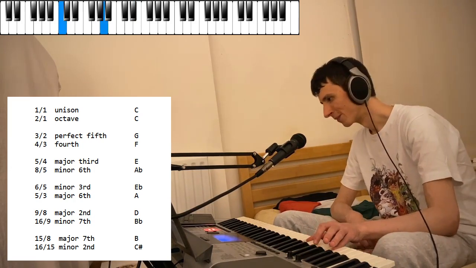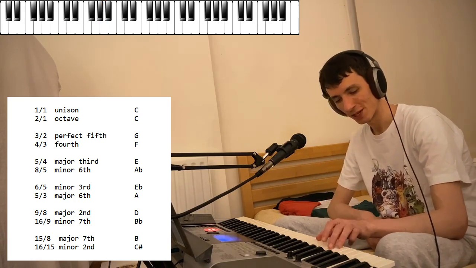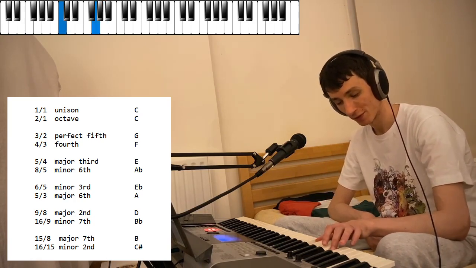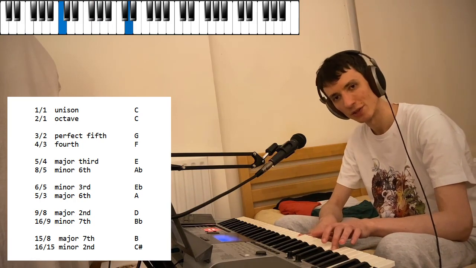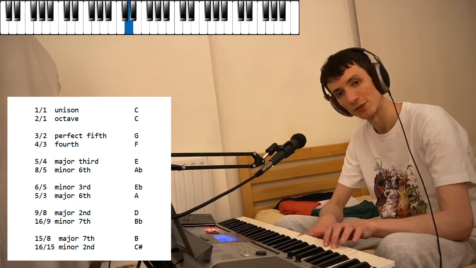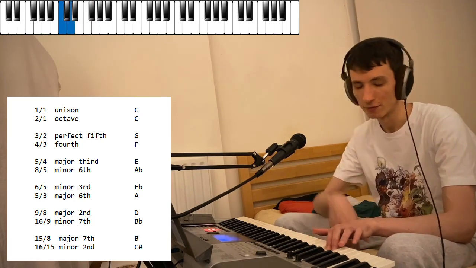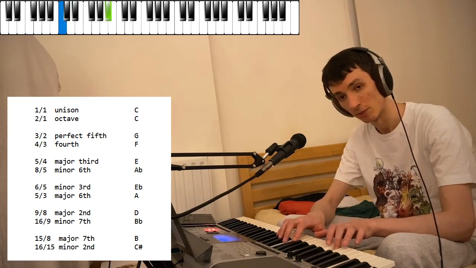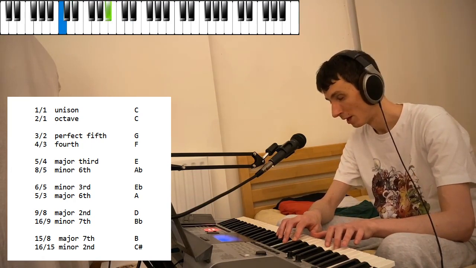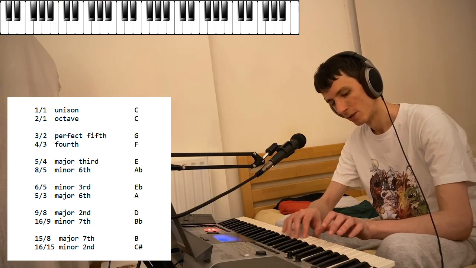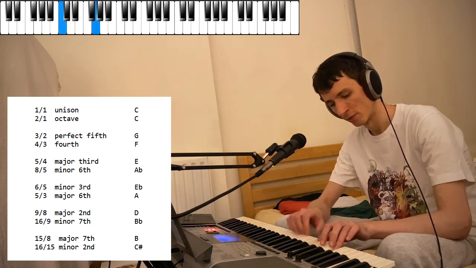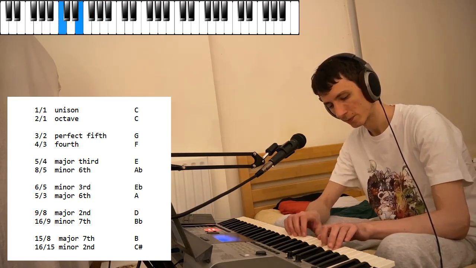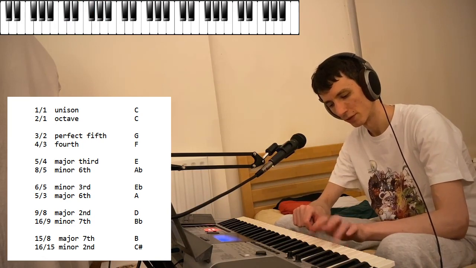Stack 2 major 5ths on top of each other, you end up with this 9th. But of course, divide out the octave, you end up with a major 2nd. Invert that, you end up with a minor 7th. And likewise, you can add a 5th to a 3rd to get a major 7th.